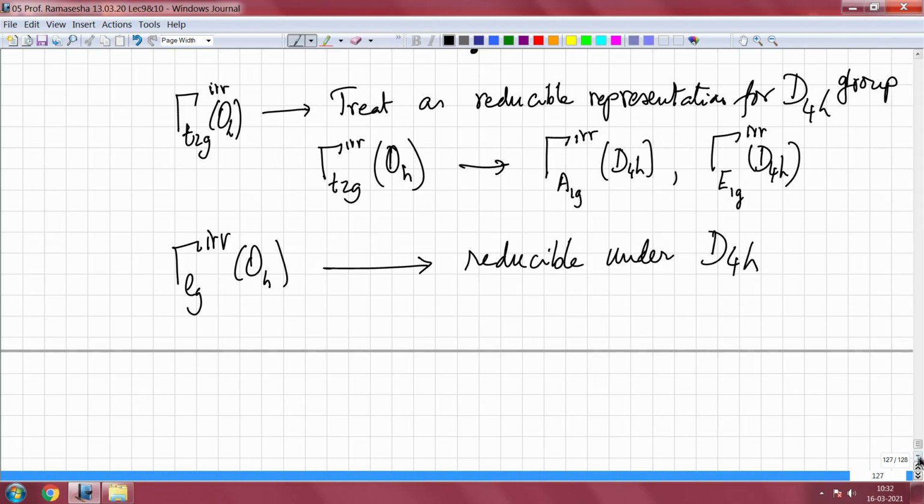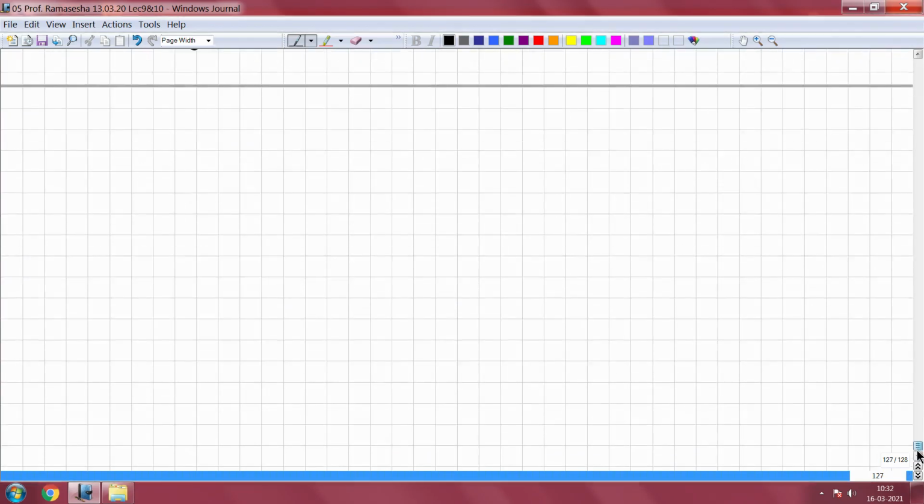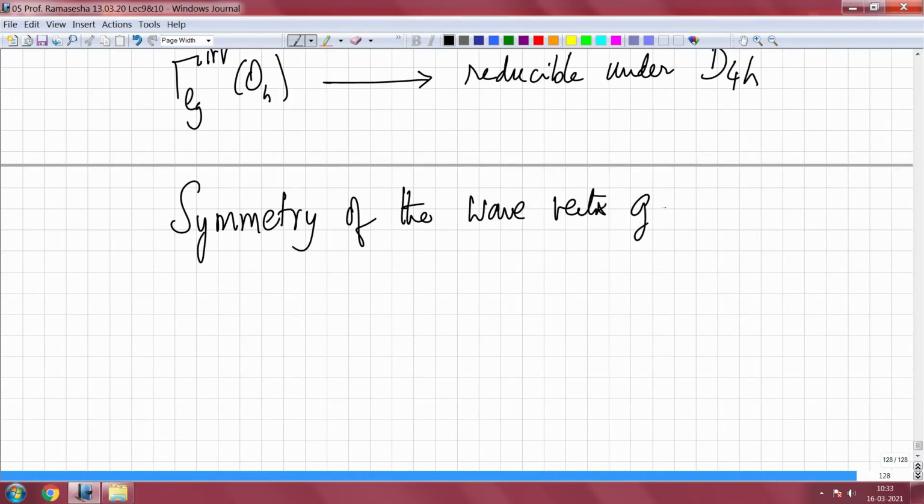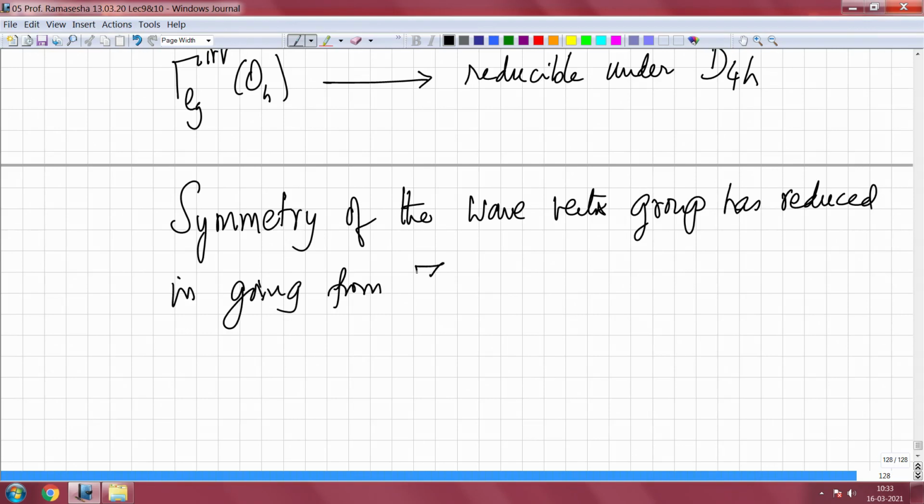A very similar thing can be done in this case, because what has happened is the symmetry of the wave vector group has reduced in going from gamma point to delta point.